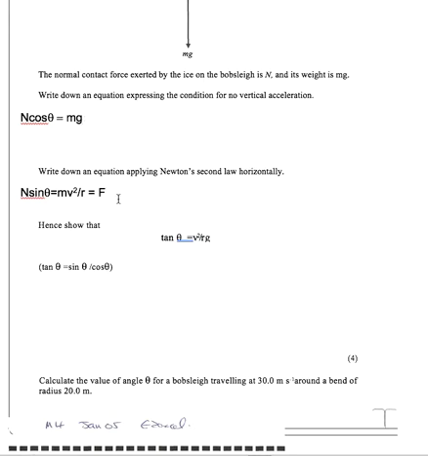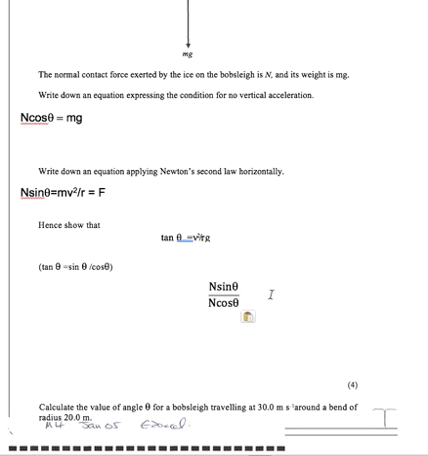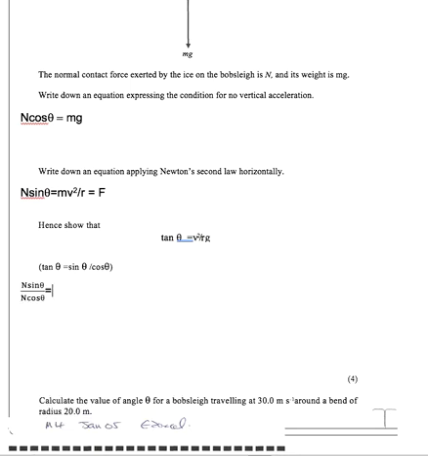So I'm going to do my n sine theta over n cos theta, and I'm going to say that that equals mv squared over r divided by mg.